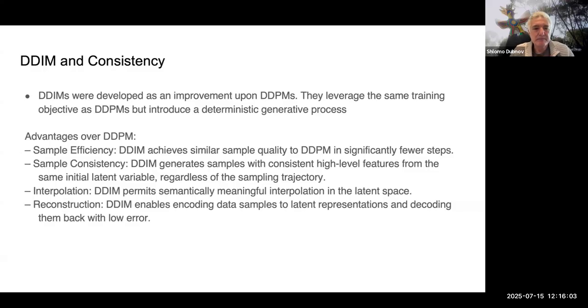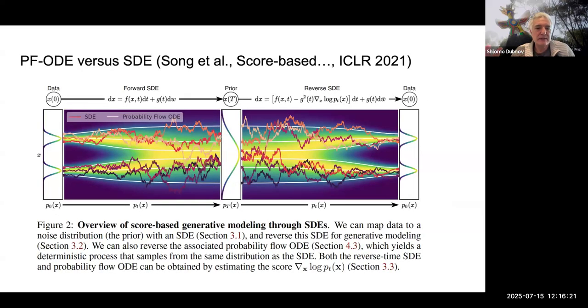So, of course, the original DDIM paper is full of these important details that we will not really cover, but I summarize this in this slide. So, what actually is going on?